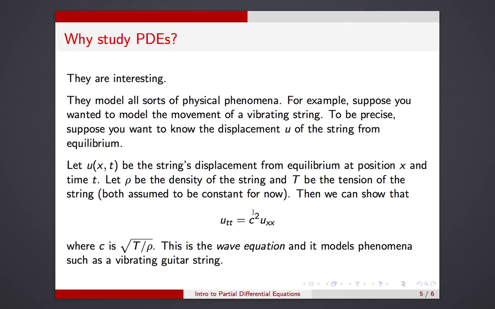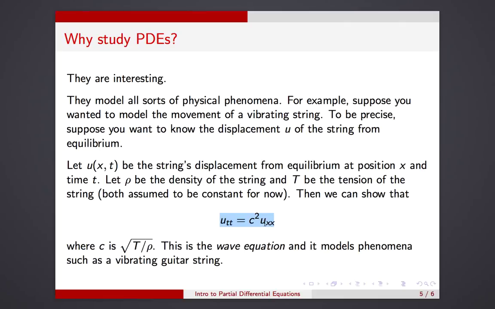And I'm not going to show it to you now, but you can show that the second partial with respect to time of the displacement equals some constant c squared, which is defined down here for you, times the second partial with respect to x of the displacement. So this partial differential equation here, called the wave equation, will model the movement of that plucked guitar string.